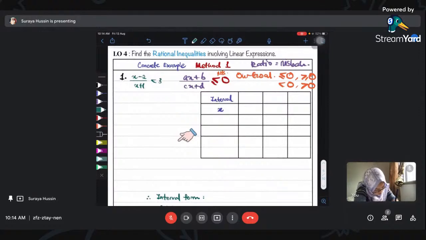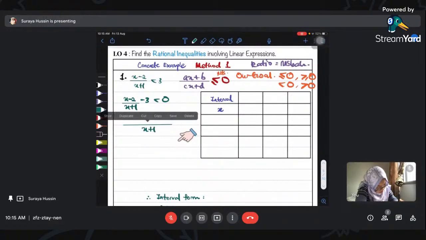So now you minus both side by 3. You akan dapat kosong di belah kanan. Right? Minus both side by 3. And then you what do? You equate the denominator. Saya terus buat laju ya.